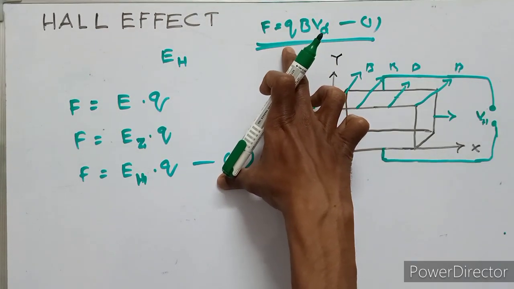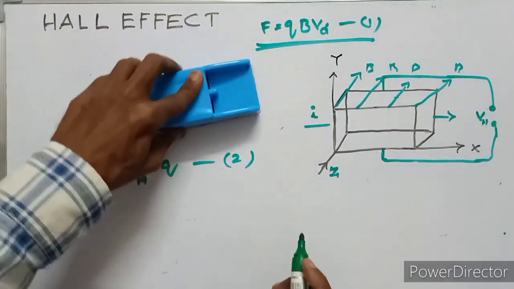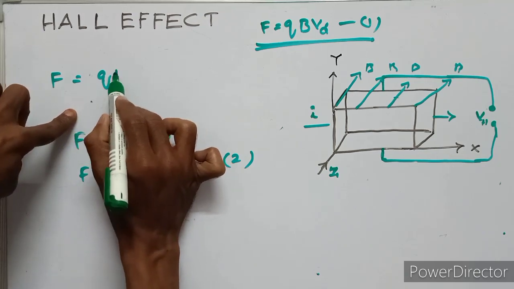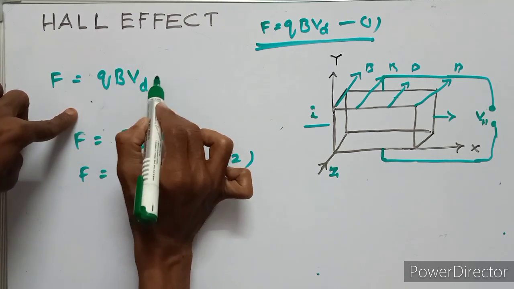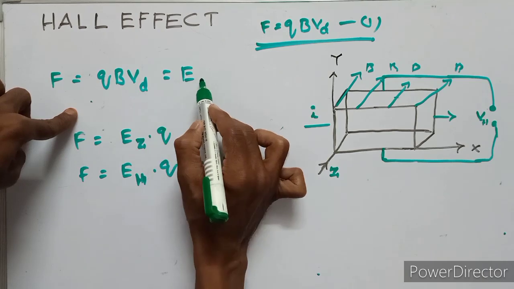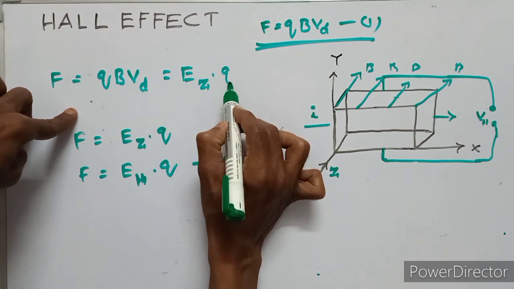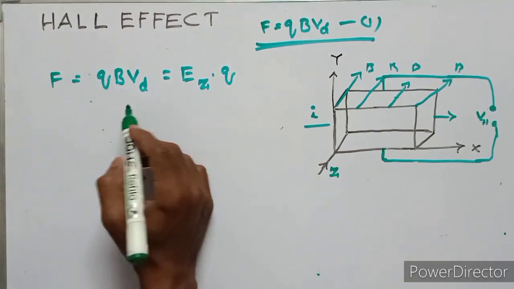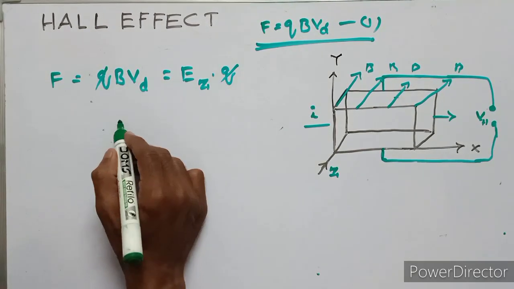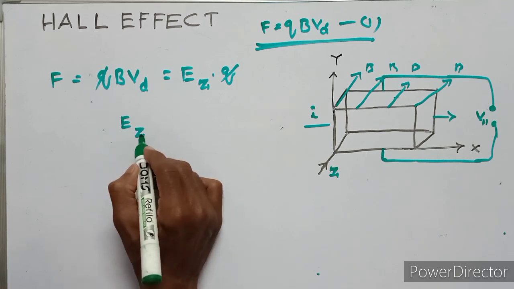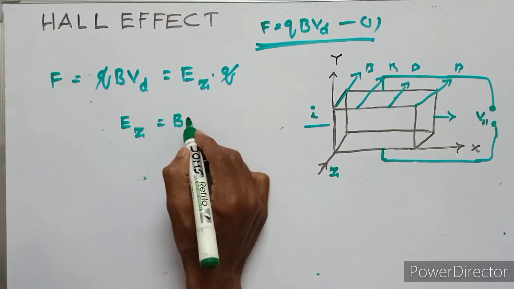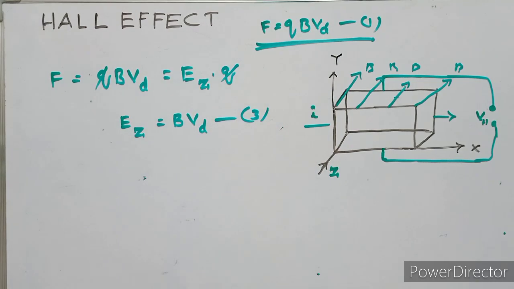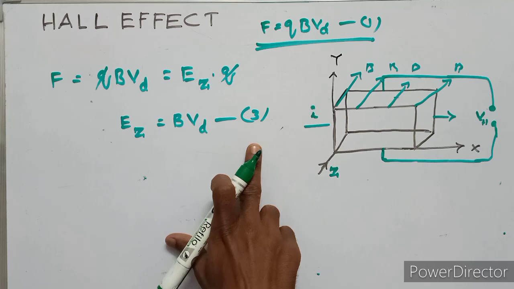That is, force is equals to Q B V suffix D is equals to E Z Q. Then Q is cancelled, remaining E Z is equals to B into V suffix D. This is our third equation.